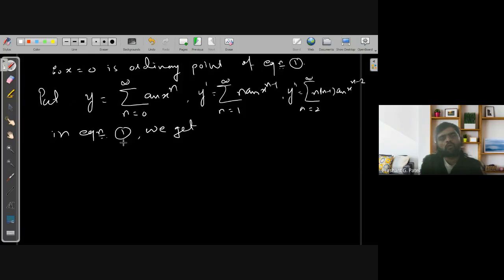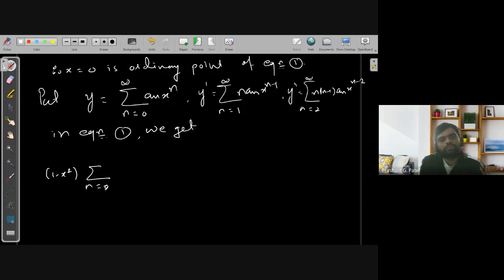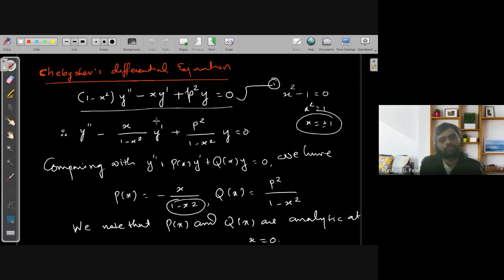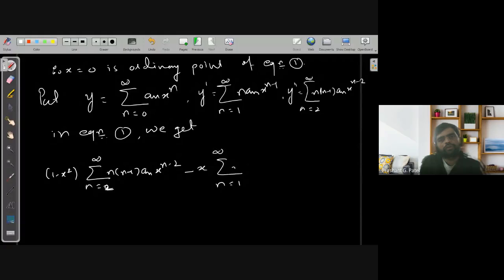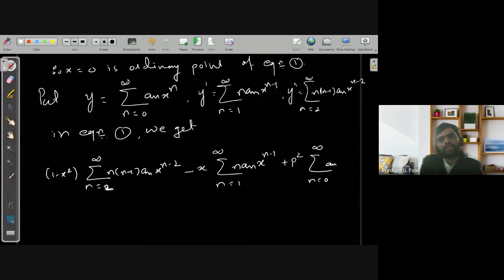Substituting into equation 1, we get (1 minus x square) summation n running from 2 to infinity n into n minus 1 a n x raised to n minus 2, then minus x into summation n running from 1 to infinity n a n x raised to n minus 1, plus p square y, that is p square summation n running from 0 to infinity a n x raised to n, equal to 0.